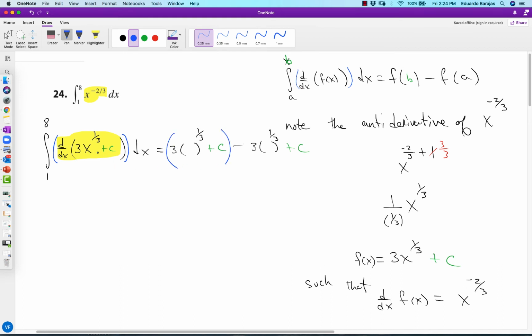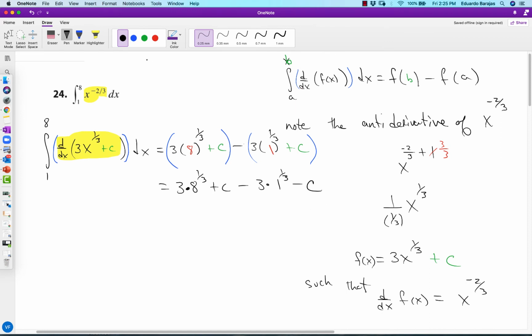That's this function evaluated at 8 minus this function evaluated at 1. So we're going to put an 8 here, and we're going to put a 1 here. And then simplify. This is going to be equal to 3 times 8 to the 1/3 power, plus c, minus 3 times 1 to the 1/3 power, minus c.